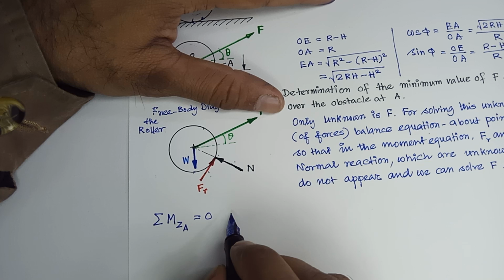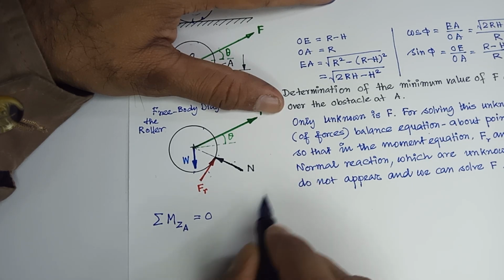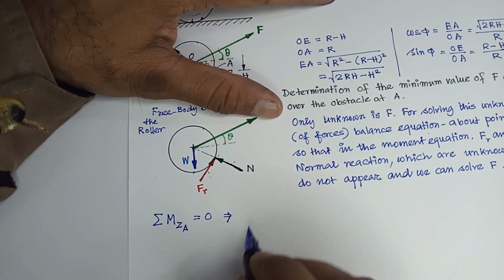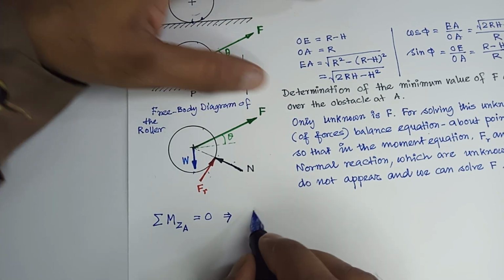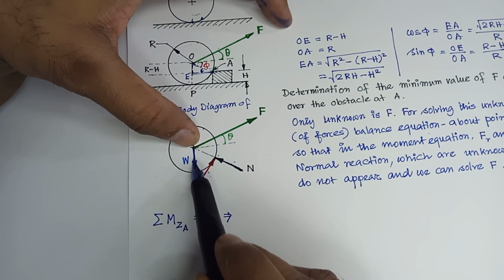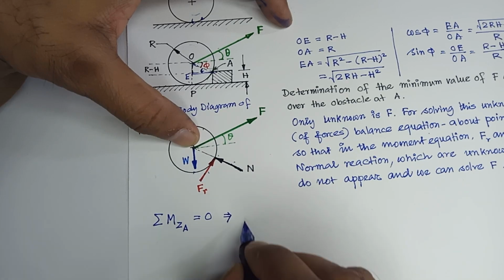That means the minimum force that will be required. If the force is just more than that, then it will tip over that point. So you see that this force will be coming, so that will give you counterclockwise moment. So we will write that first.